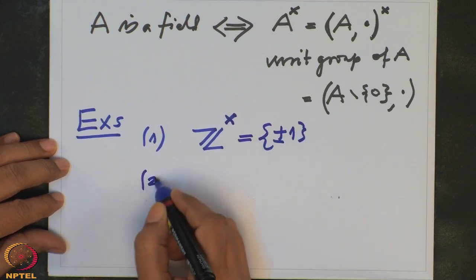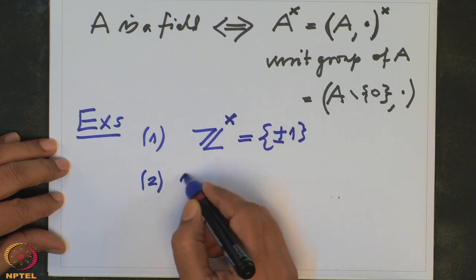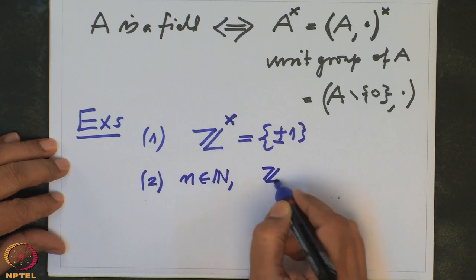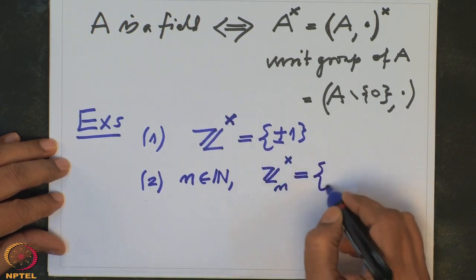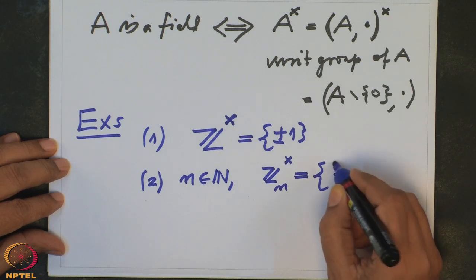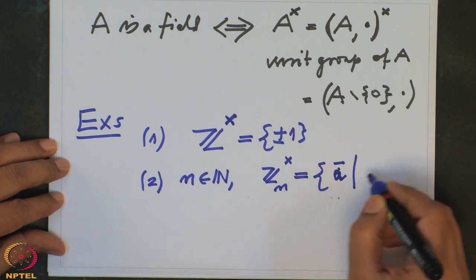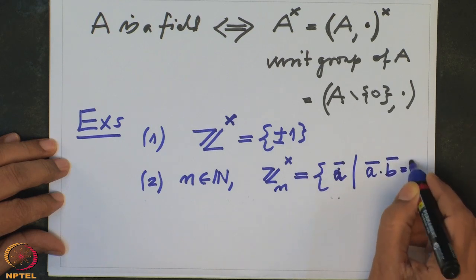It is a nice exercise for you to find out, for any natural number n, what is the unit group Zn cross. These are precisely all those remainders A bar such that A bar times B bar is 1 bar.